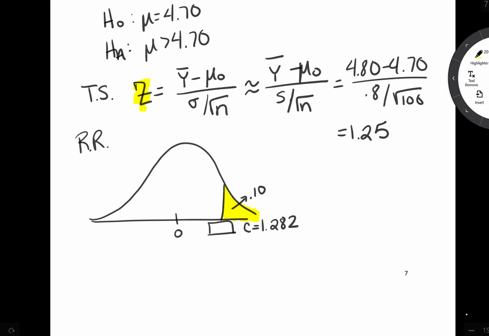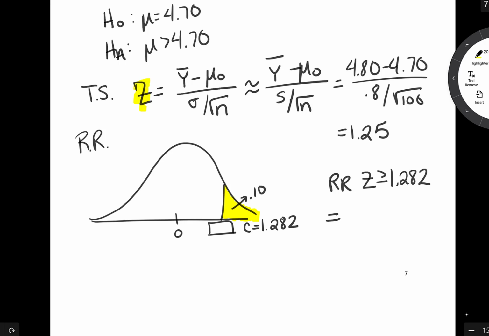So that's going to define our rejection region. And so for our rejection region, what we're saying is if z is greater than or equal to 1.282, then we should reject the null.